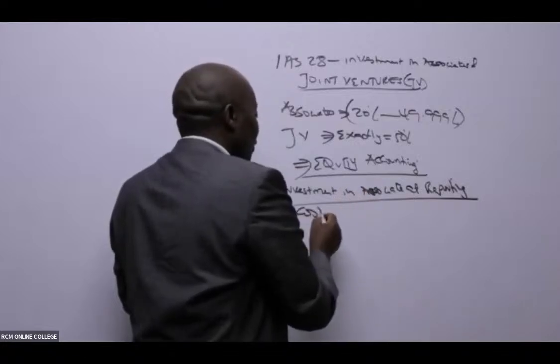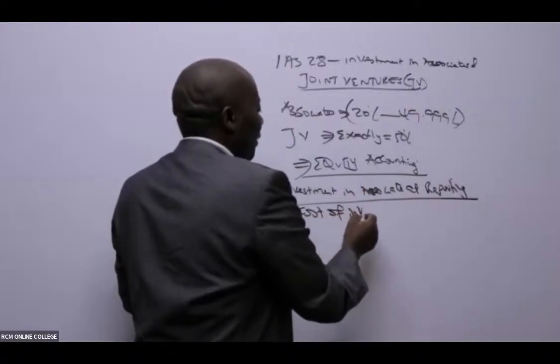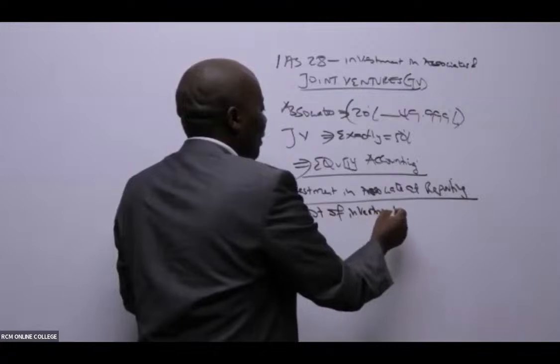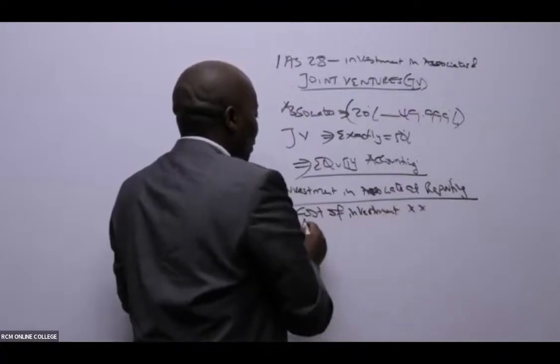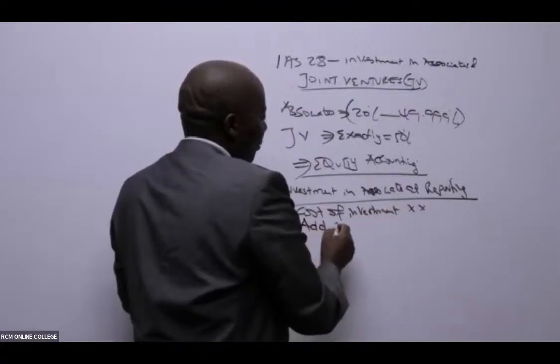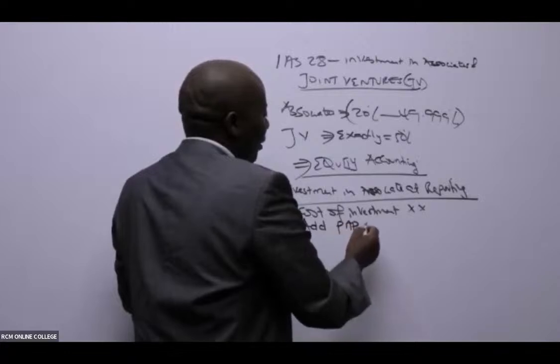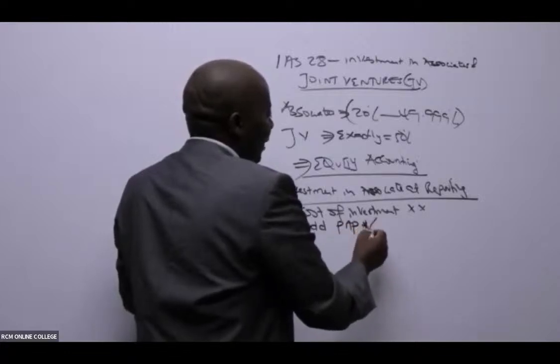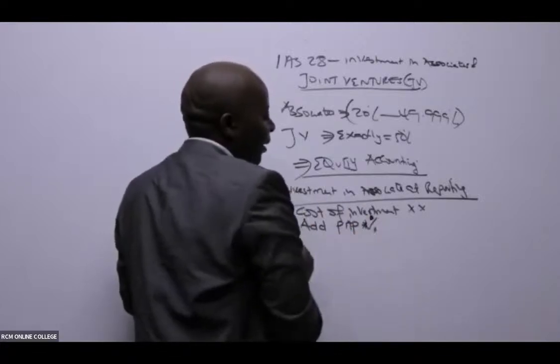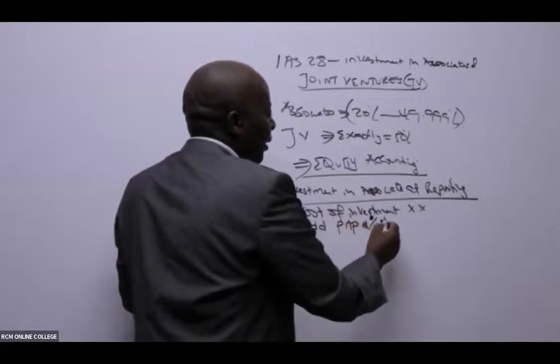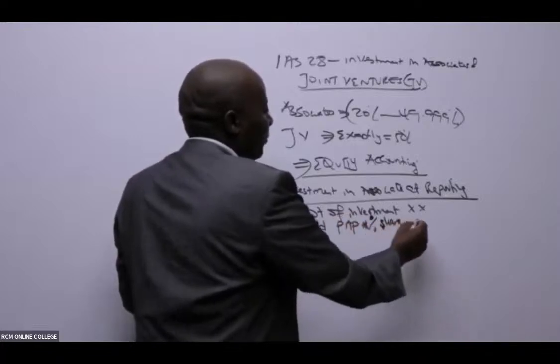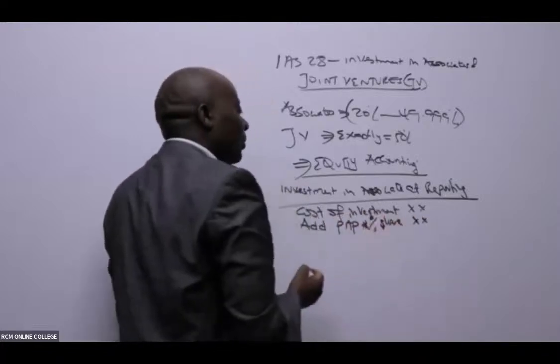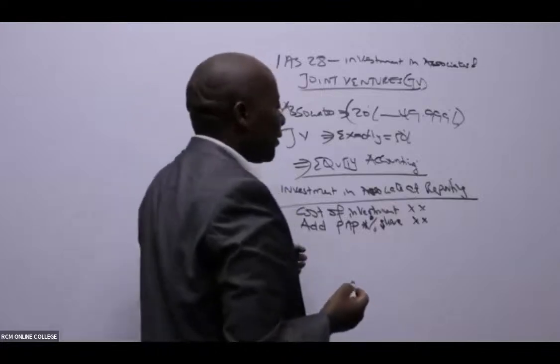It will be the cost of the investment. We add PAP, our percentage share, times our percentage, which could be 20%.